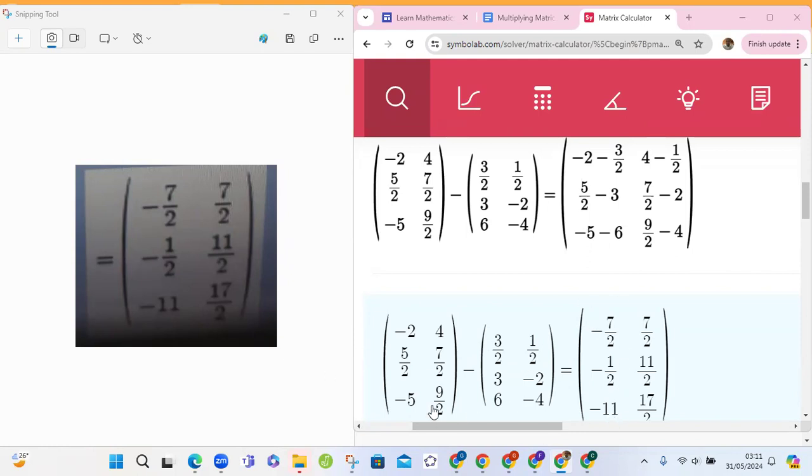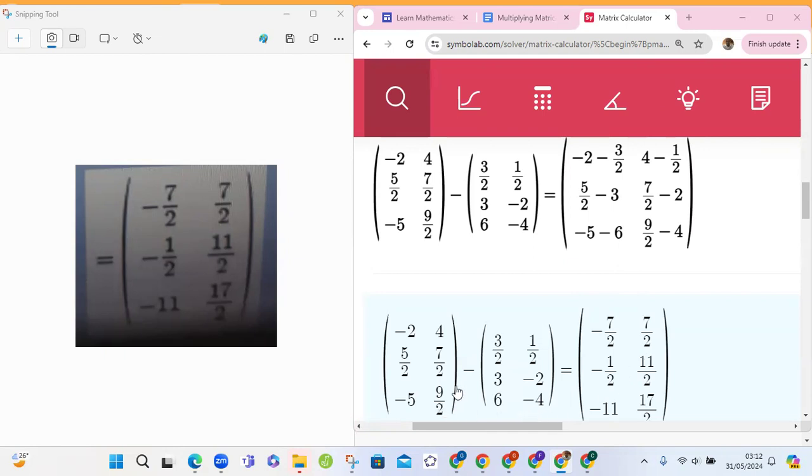-5 subtract 6 is -11. 9/2 subtract 4 is 17/2. Just to point out something there, that is 7/2 subtract a -2. That's 7/2 plus 2, so that's 3.5 plus 2, that's 5.5. So that's why this is 11/2. And the same goes for here.